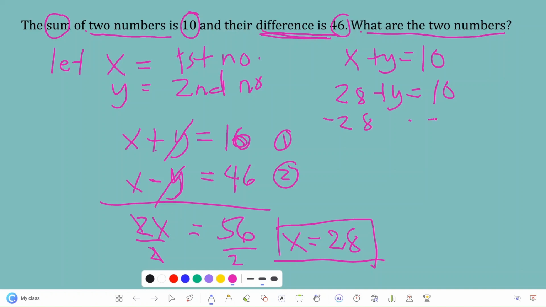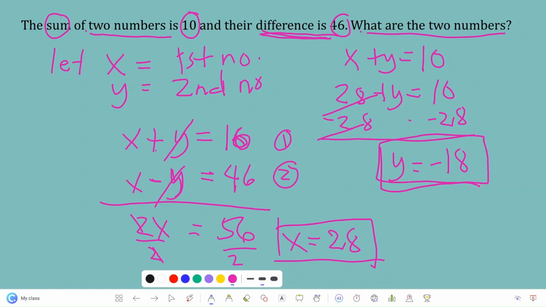Dito rin sa kabila is negative 28. So, here you can cancel 28. What you will have is y is equal to 10 plus negative 28 is equal to negative 18. Okay? So y is negative 18.